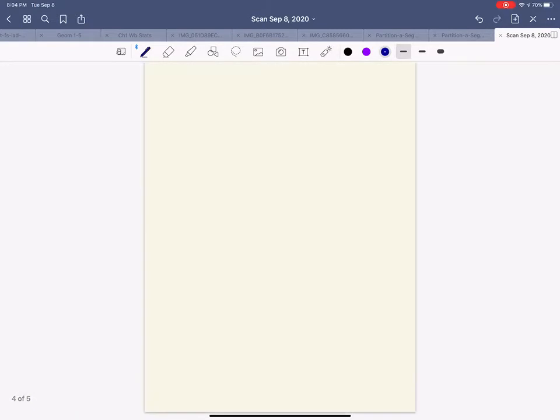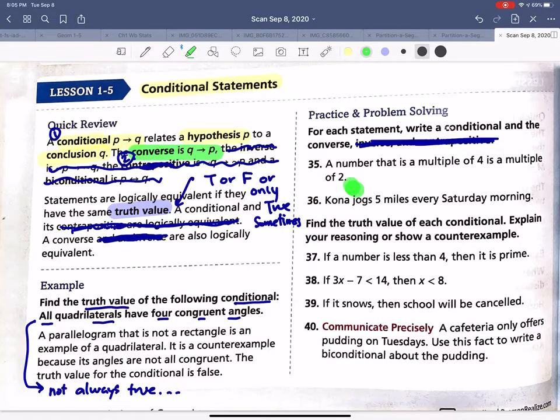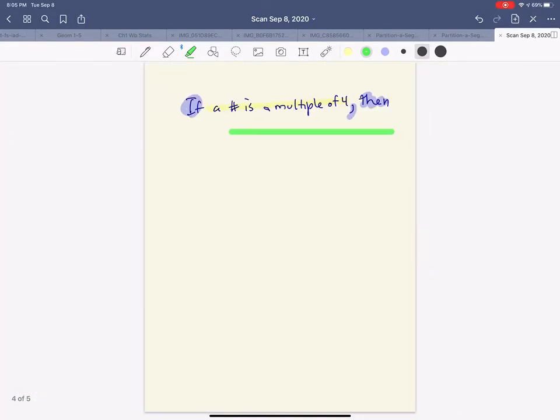So if a number is a multiple of 4, then, we've got to have this if part, comma, then part. And we got to have this part and the green part. So if a number is a multiple of 4, then it's a multiple of 2.